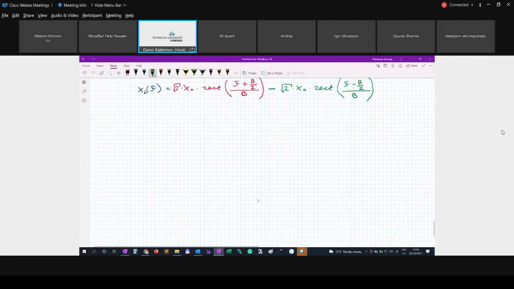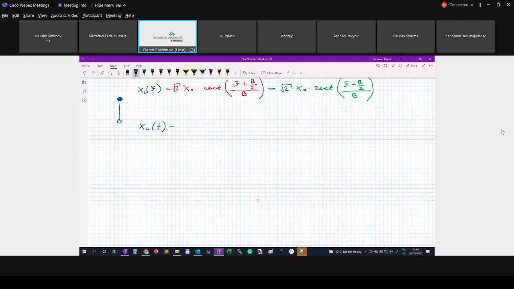And now we have to calculate the inverse Fourier transform and come to time domain. Here it's very simple, because we have two functions that we already know how to convert.